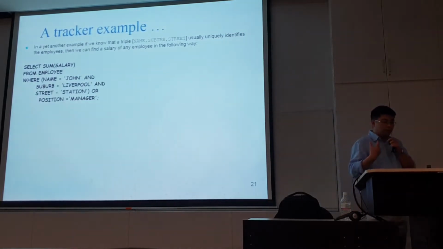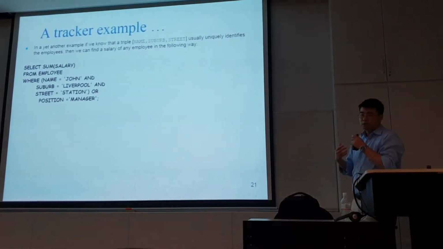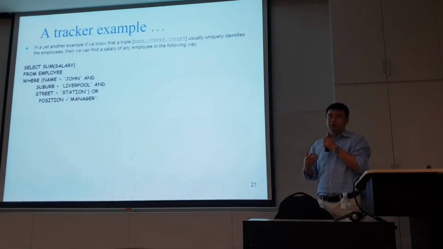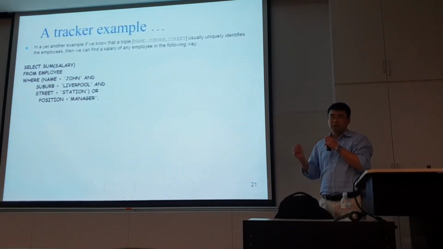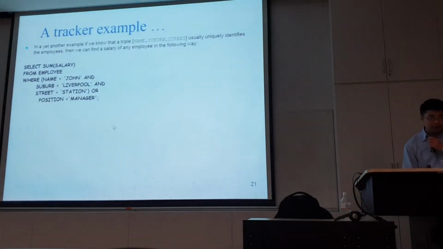So in order to eventually use such an individual tracker, we need to build some sort of general tracker. The general tracker assists the attacker to locate the answer for the individual tracker. So the general tracker can be built in this way. The query will be rejected if you ask for this specific information. But you can add some other condition here to make this set big, right?